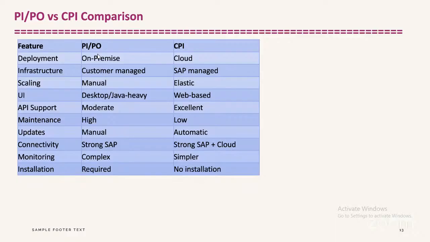In the PI/PO system, whatever patches they want, they can upgrade, and if they don't want any patch, they can remove it. For CPI, everything is controlled by SAP only. These are some comparisons I have added here, so you can go through this.